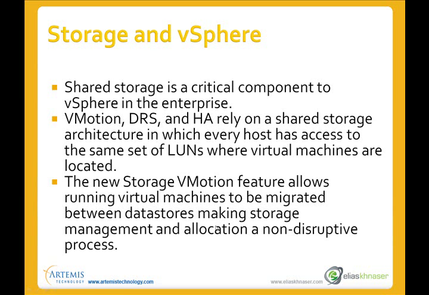So without shared access, if you're moving a VM from ESX host 1 to ESX host 2 and it doesn't see the same storage, then it can't move it. So you see here, shared storage is a critical component because it needs to see where it's moving it from to.